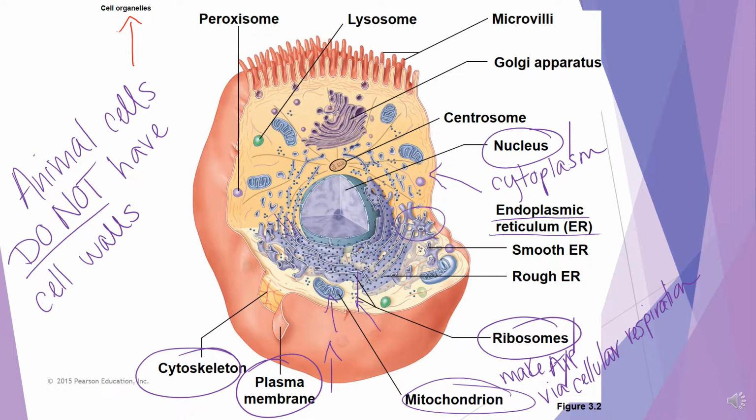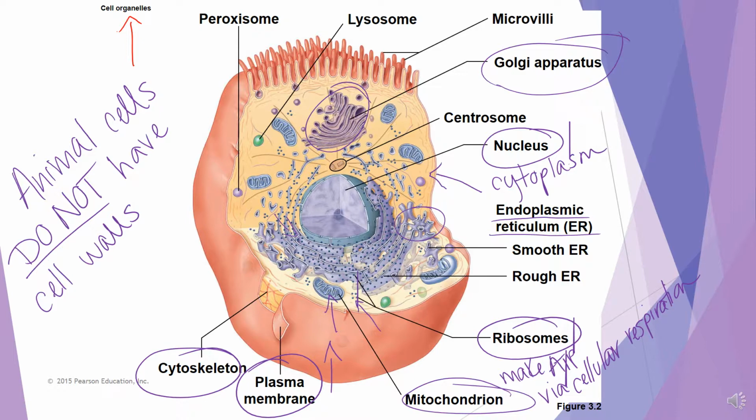Let's move on to the Golgi apparatus. Up here, it's this dark purple structure, the Golgi apparatus. Its function is to package the proteins and the lipids, and it packages them into these little vesicles.